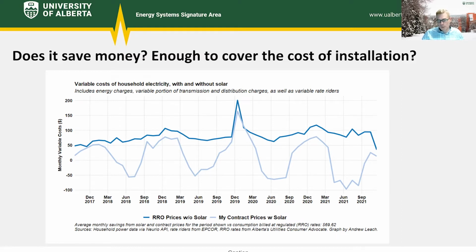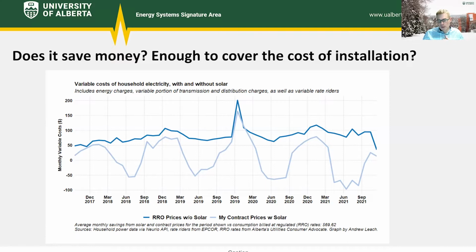This would have been every monthly bill we've had since we put our solar panels in, in August of 2017, for the variable charges associated with energy, transmission and distribution. The light blue line is what we've actually paid because of both our solar project and our ability to essentially choose what contract works best for us in which month of the year.